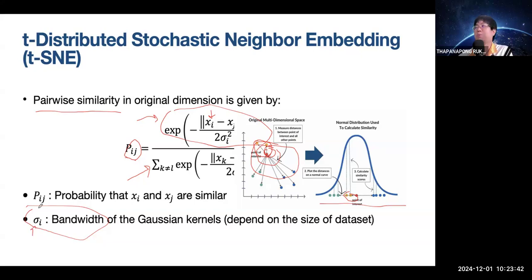If you pick the bandwidth to be high, it means your Gaussian distribution will be more flat, so you can control the flatness with the sigma. So in high dimensional space, you don't know how high they are, but you can pick the bandwidth that corresponds to the sparseness of your data.